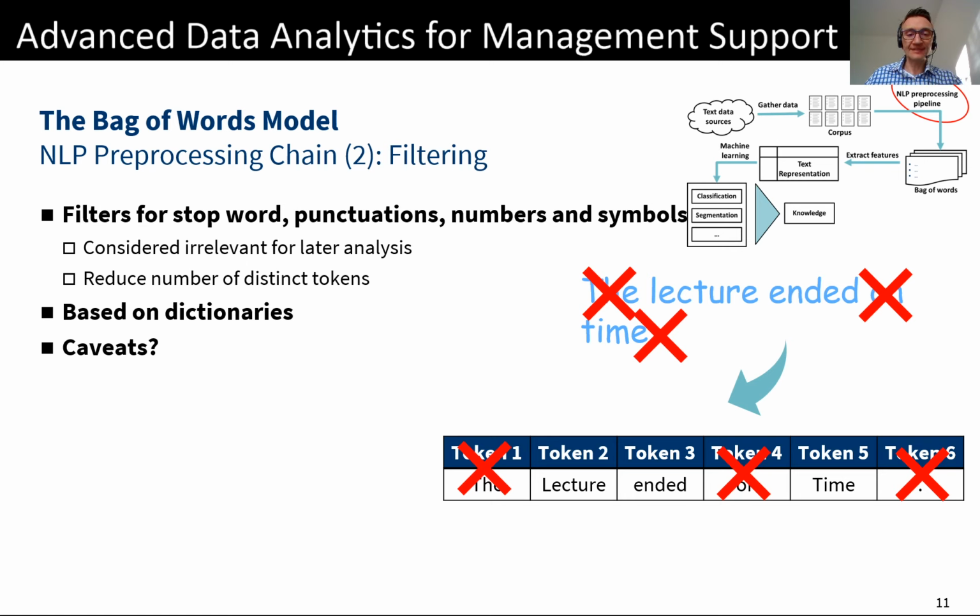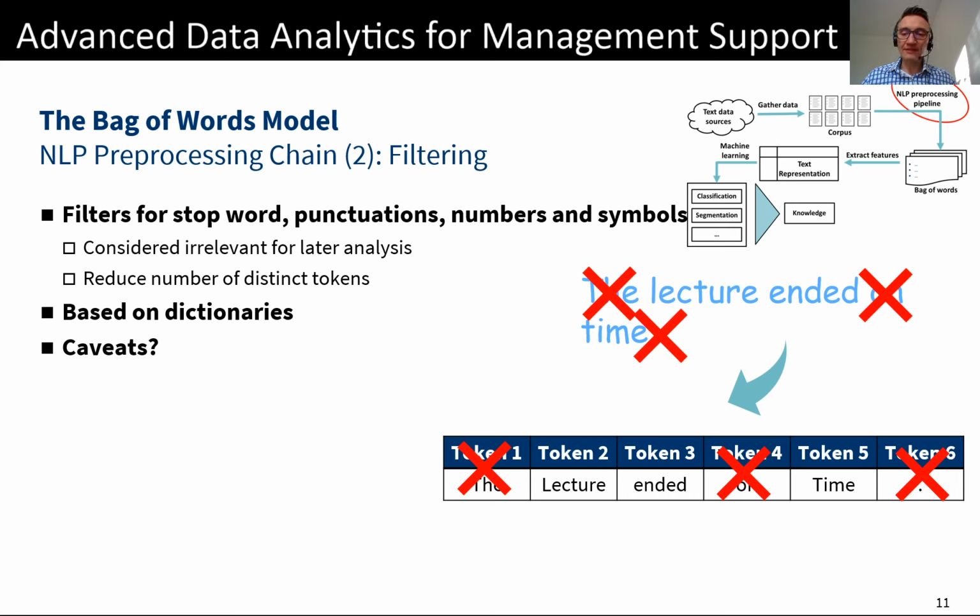One word, one column in that matrix. Cutting out words, filtering stop words, filtering punctuations, means you have fewer columns. Your matrix is not that big anymore. And you should know how reducing the dimensionality of a problem is typically helpful for analysis. Filtering stop words contributes to reducing the number of distinct tokens with which you have to cope.